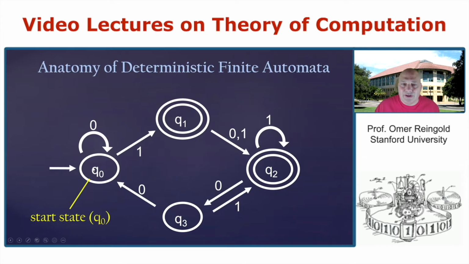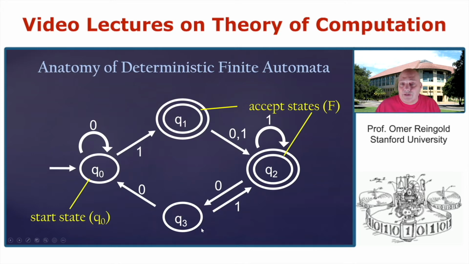This is our first memory configuration. We have accept states, and accept states are denoted by two circles. These are states that tell us when we accept a string. When we finish a computation in an accepting state, we know that we accept the input that we got.